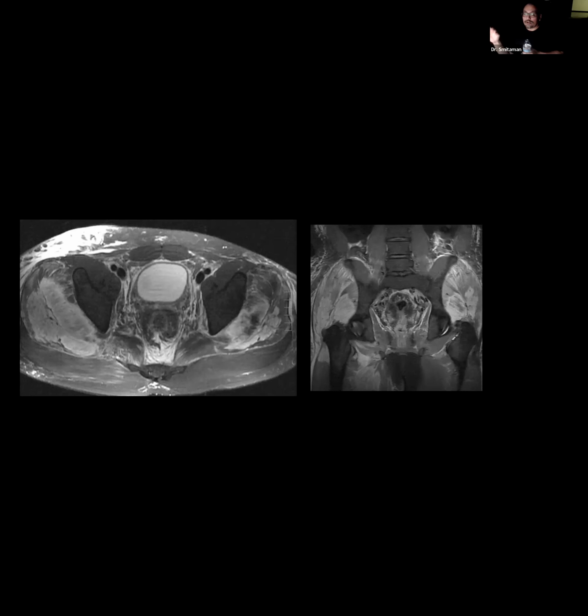But when you're dealing with myonecrosis, the literature talks about two forms. Type 1, as we see here, demonstrates non-specific homogeneous edema and enhancement. Again, you really can't discern this from polymyositis or the HIV myopathy that I showed you. You need to comb through the chart. You need that history. Very difficult to parse that out.